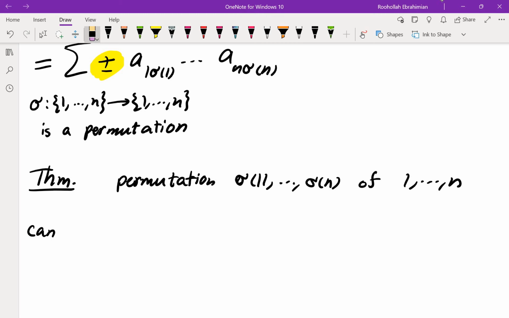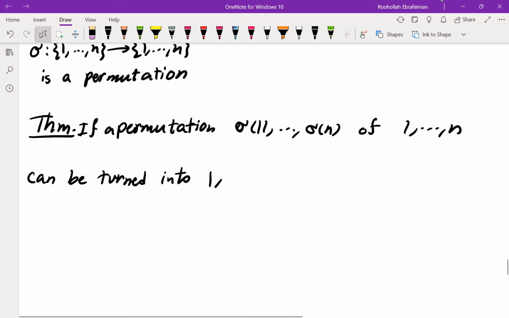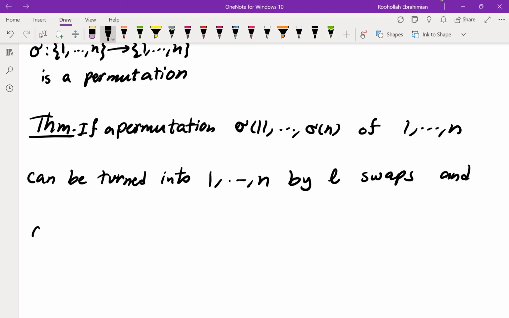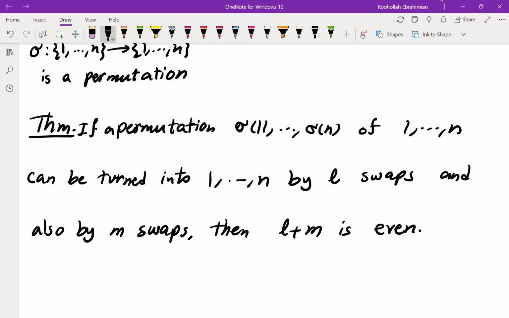So let's put it this way: if a permutation can be turned into 1 through n by L swaps and also by M swaps, then L plus M is even. Either both of them are even or both of them are odd, which means you cannot do it by, say, 7 times and also by 8 times.